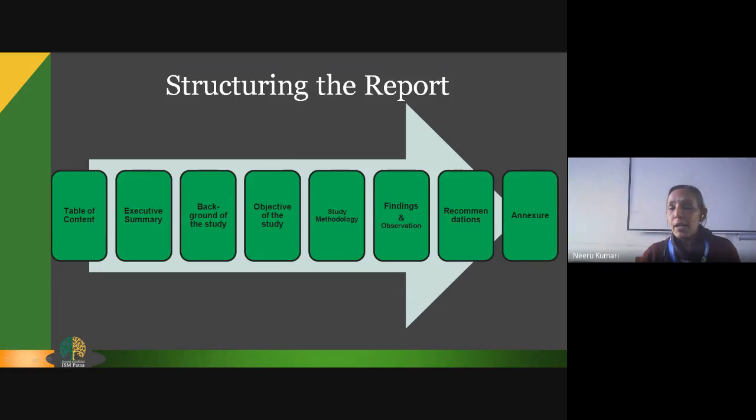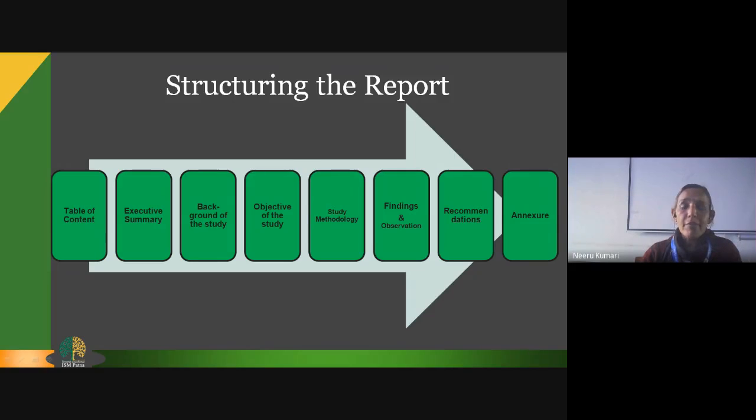Whenever we are talking about table of content, please remember it is exactly the same as an index of a textbook, which talks about the different subjects or different segments of the report. And for each segment, from which page number to which page number, what kind of segment it covers, to what extent the information is included. So everything will be mentioned on the first page, which is called the table of content.